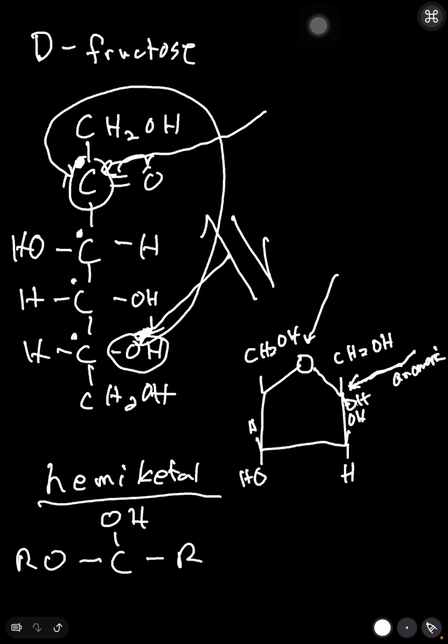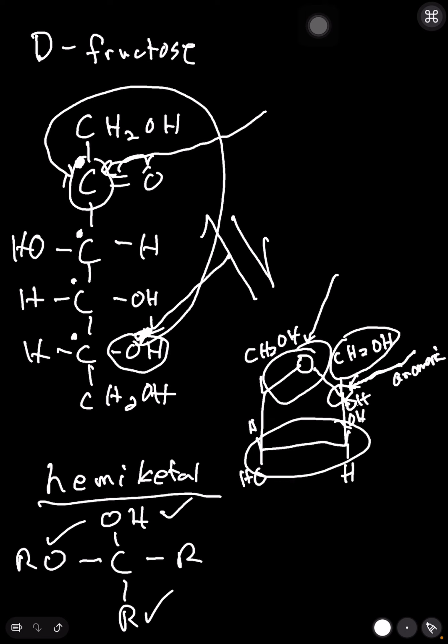But instead of having an H, it's got another R group on it. So if we look at our anomeric carbon right over here, it's got an OH, check. It's got an OR group, check. It's got this CH2OH, that's another R group, and then it's got this half of the molecule. So that's actually a hemiketal. Ketoses cyclize into hemiketals. Aldoses cyclize into hemiacetals. That's how it works.